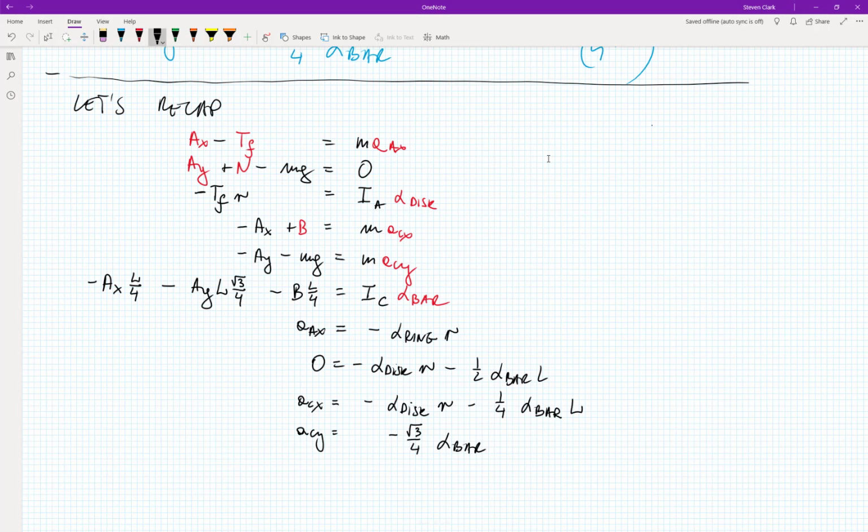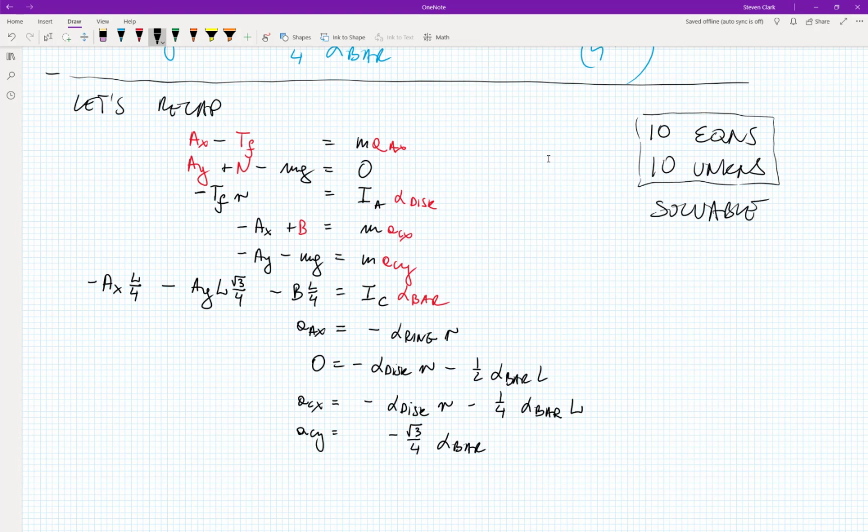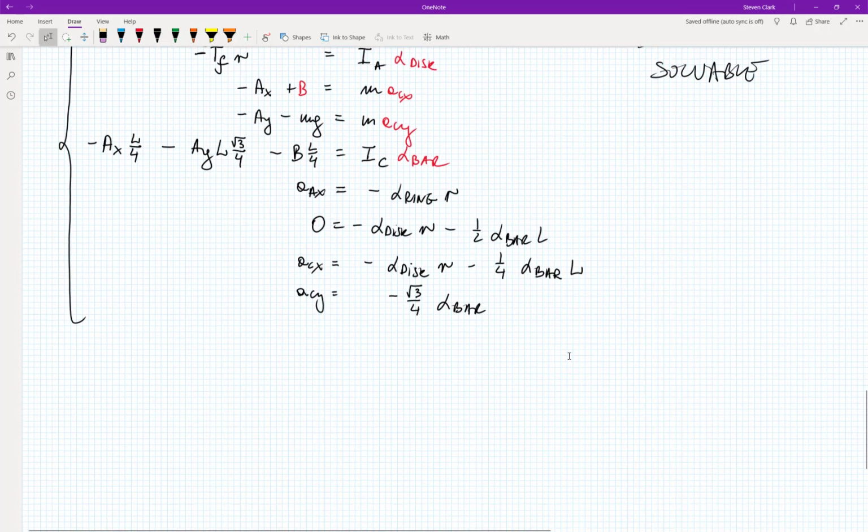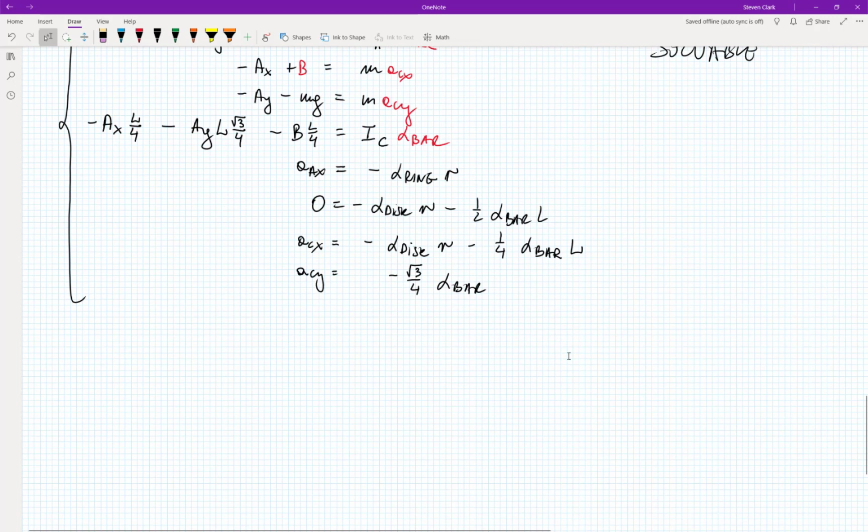So we have 10 equations and 10 unknowns. Solvable. But I'm not going to take that pleasure from you. You can solve it at home. And the answer I got yesterday is the following. They only ask us to find alpha ring, yes?